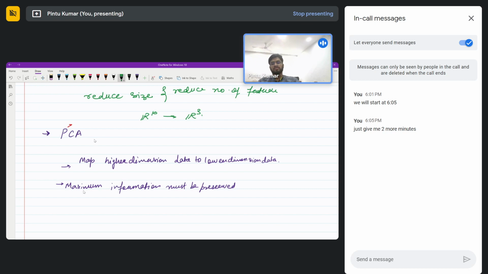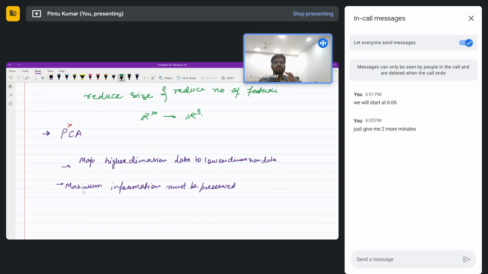Now there can be many techniques to reduce the dimension. Somebody will say I'll just pick the top two and leave the rest of the elements. But choosing that kind of two-dimensional vector might not carry a lot of information about the actual data. So we want to reduce the size and also preserve the information that the earlier longer vector had.